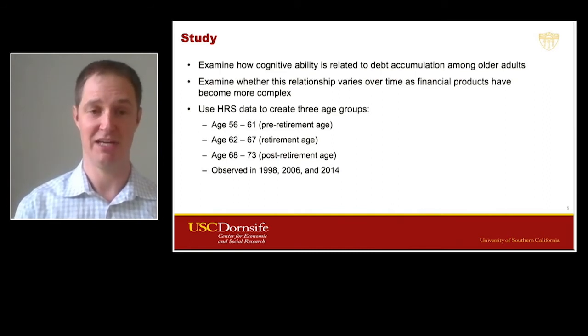And our post-retirement age group, 68 to 73. Each of these age groups is observed at 3 points in time: 1998, 2006, and 2014. So within each age group, we have a group that has been relatively unexposed to the increase in financial product complexity, a group that's been exposed but observed pre-crisis, and a group that's been exposed and observed after the financial crisis.